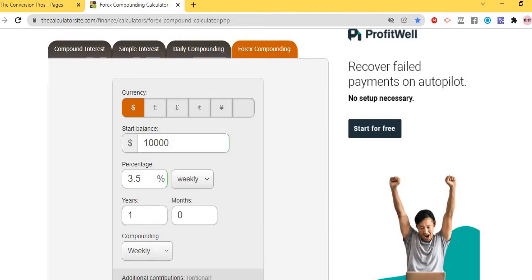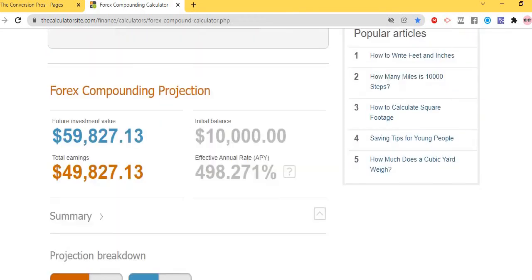Oh my God, that is $59,827.13. Wow, that's incredible. So you're gonna be straight. Trust me, you're gonna be straight. Keep working your job, keep making that happen, and just let your account gravitate and build.